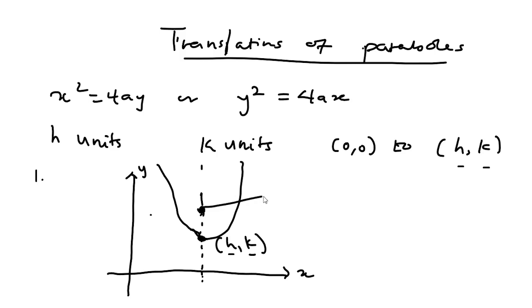When it was at the origin, the focus was (0, a), but at this point it has moved h units and k units. So the new distance is added: 0 plus h gives us h, then we have k plus a. So the focus becomes (h, k + a).